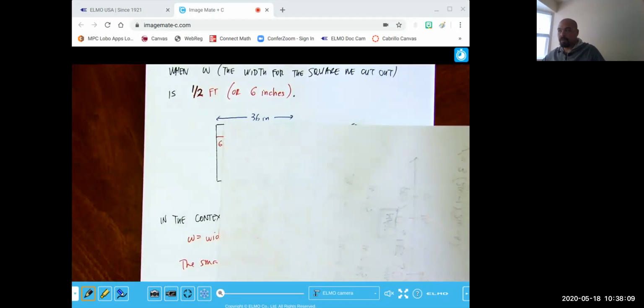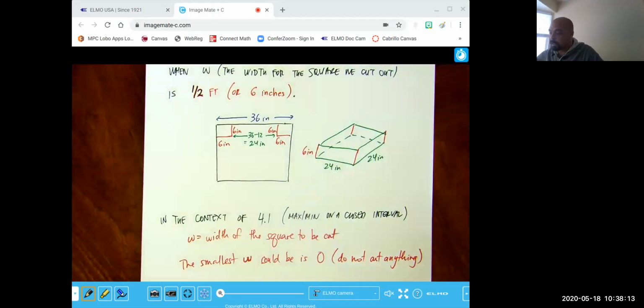We're not going to be able to fold anything. It's not going to be a true box, so it's not going to hold any volume. That's going to be a volume equal to 0 here. But now what about the biggest?